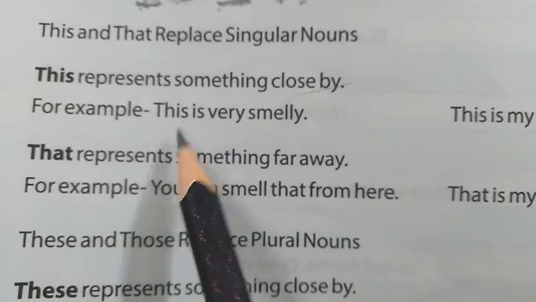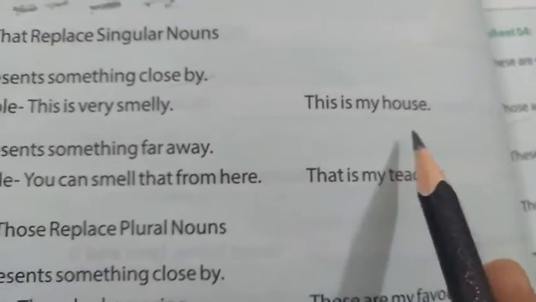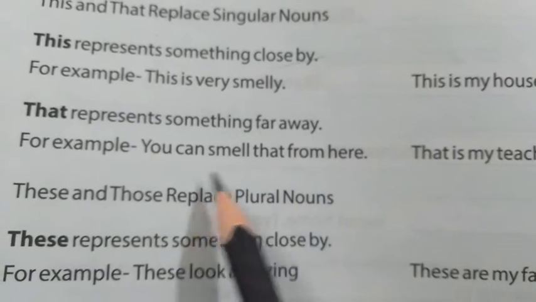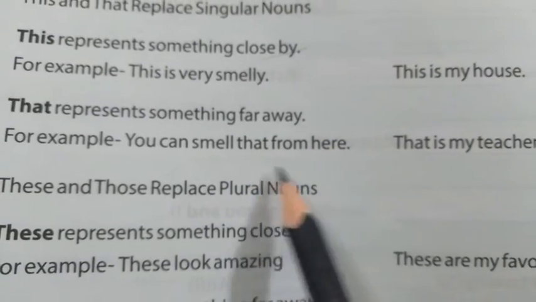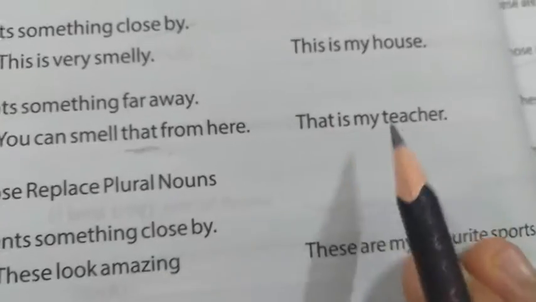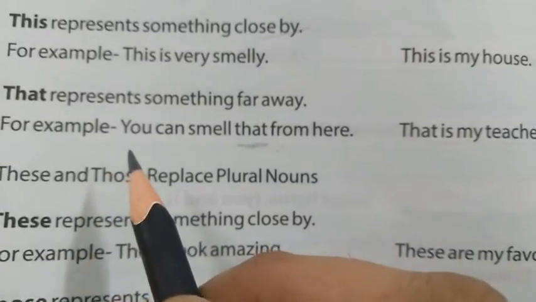For example, here: this is very smelly, and here: this is my house. So these are a few examples given here. That represents something far away. You can smell that from here. So we are indicating something which is far away from us. That is my teacher.